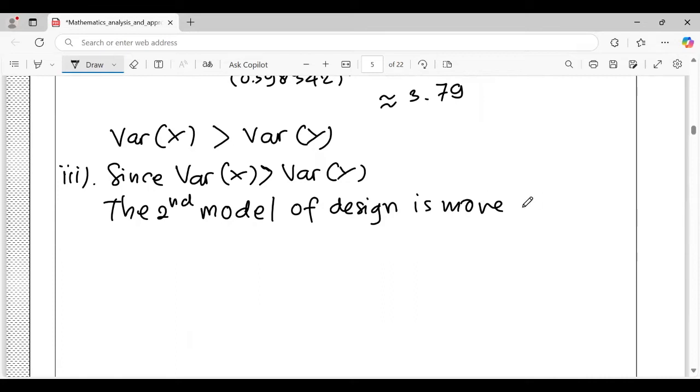It is a more consistent experience. That is the conclusion.